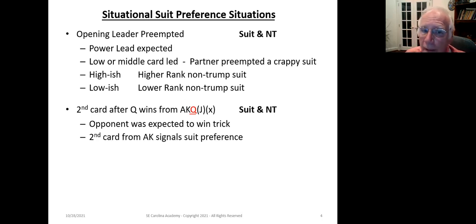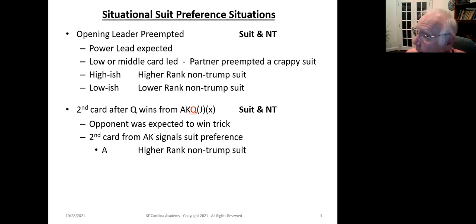So when they played their second card, which is in itself a suit preference signal, because of the lead of the ace, they're saying, hey, if you get the opportunity to lead me back a higher ranking suit, or if they play low the king, they say lead the lower ranking suit if you get the opportunity.